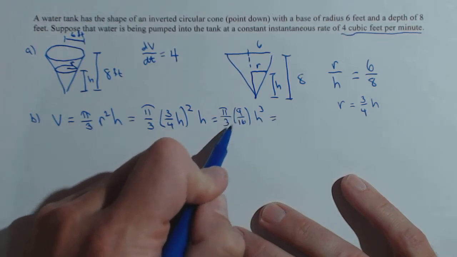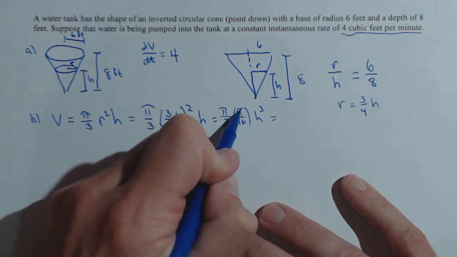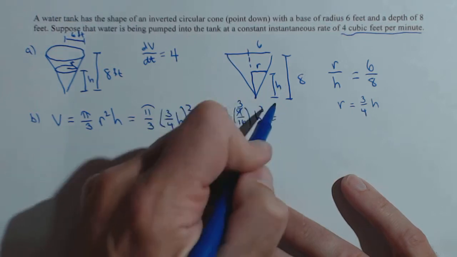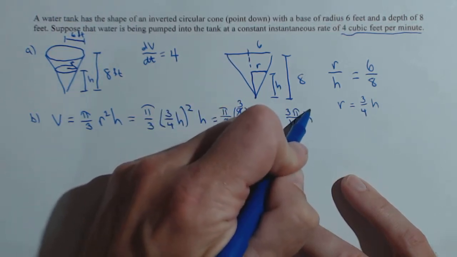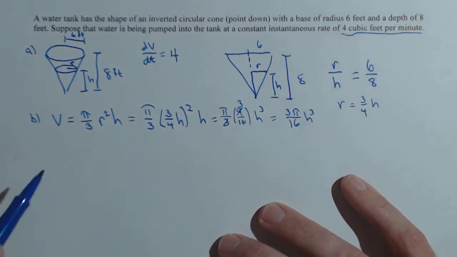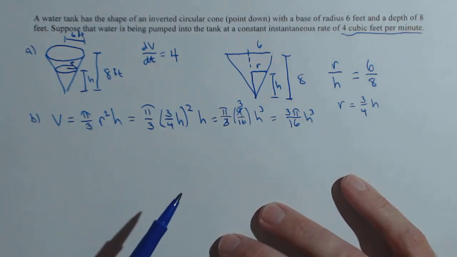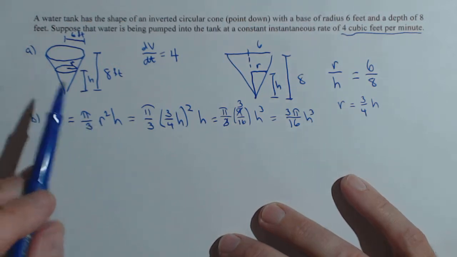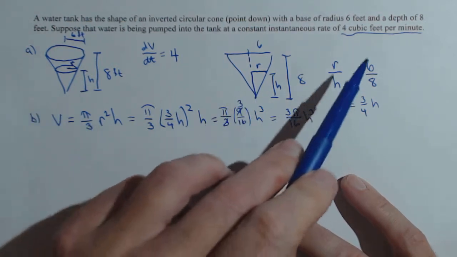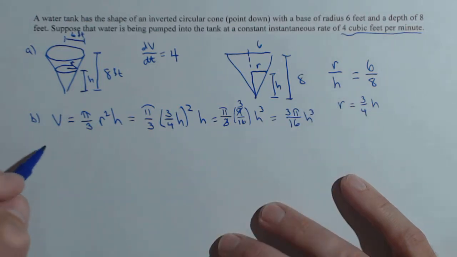Do one more step of simplification because I'm going to cancel a 3 out of here, and we're going to rewrite this as 3 pi over 16 h cubed. Alright, so now we have volume as a function of height only, instead of being of a radius and height. Because of the similar triangles, this relationship will always be true.